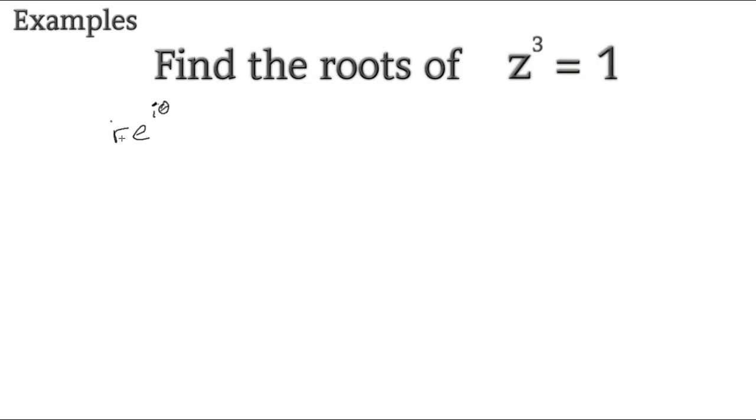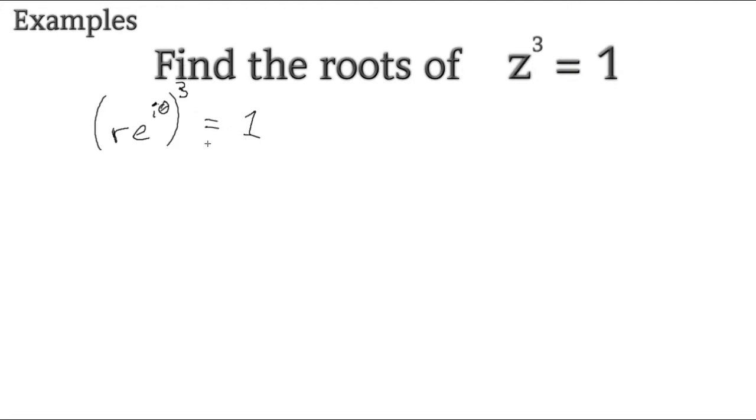This can be considered modulus argument or exponential form because they are essentially the same, except that you can save yourself quite a lot of ink. Consider that saving you money or something. So this to the power 3 should give you 1.